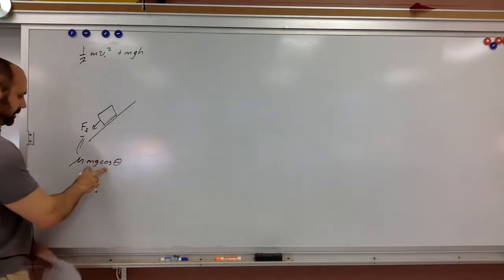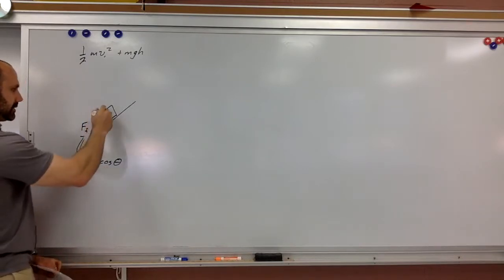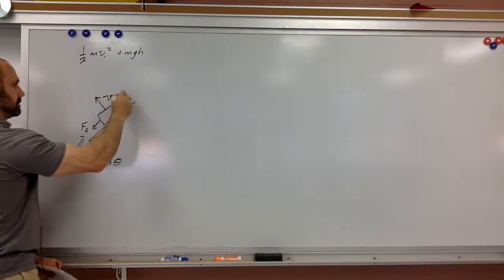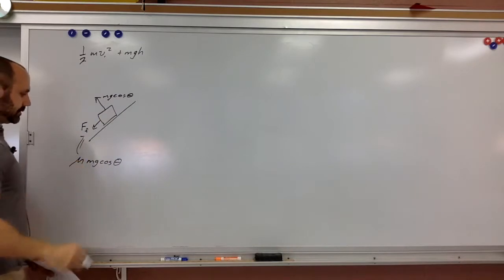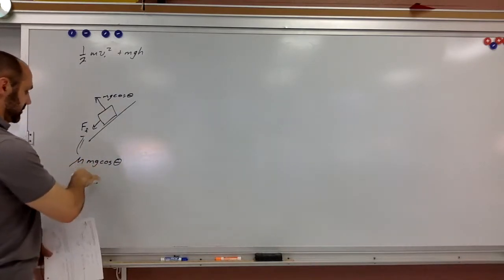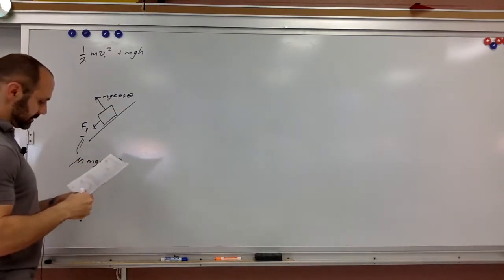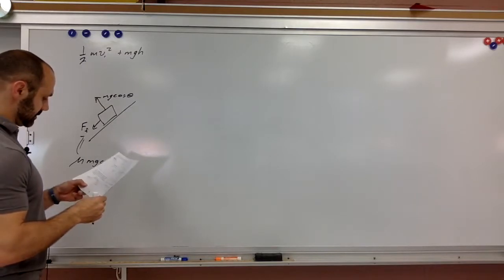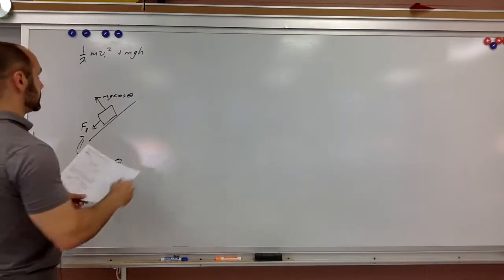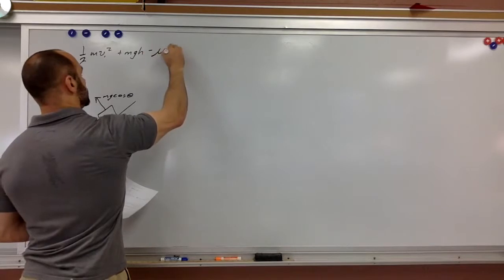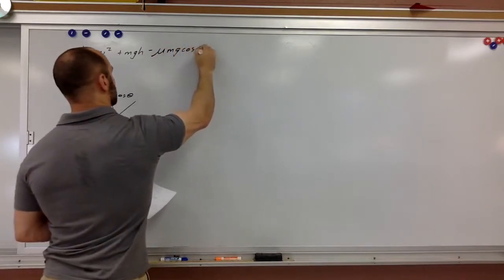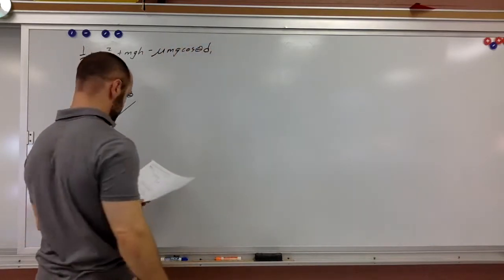Mg cosine theta is the normal force, and this is what mu is. So then the work done by this force is mu mg cosine theta times just that distance, which I'm going to call d1. So minus mu mg cosine theta times d1.